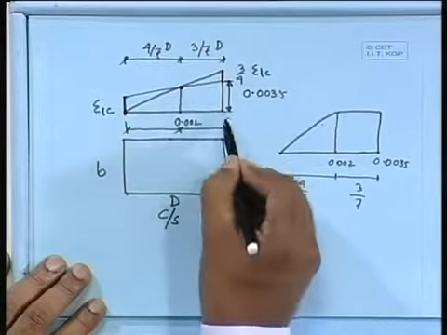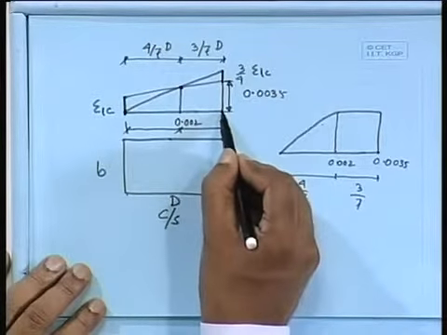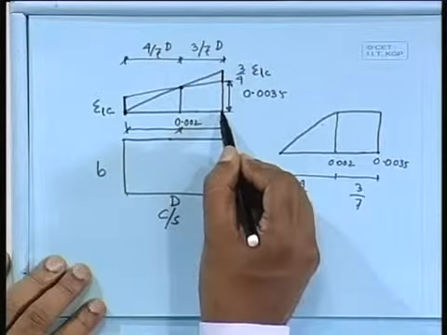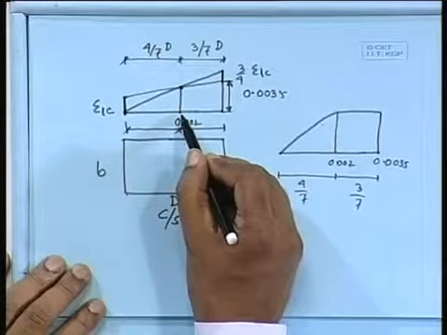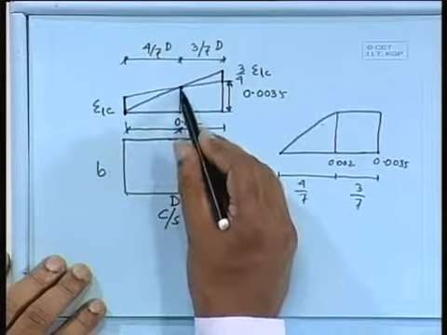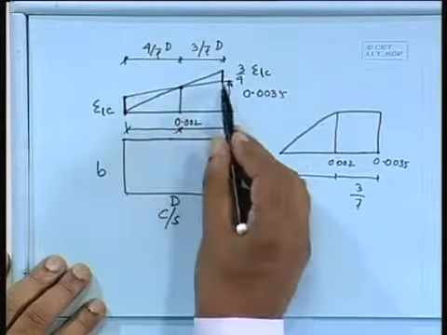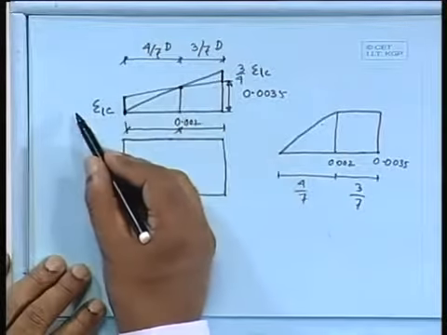What is the pivot point? The pivot point is at a distance of 3/7 of D from the maximum compression side, where we get 0.002. With respect to that, our strain diagram rotates.